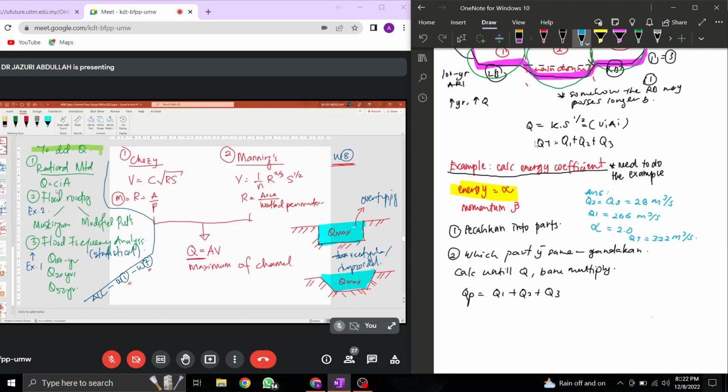Okay, so daripada land use type, contohnya from forest land use type, dia akan dapat C value about 0.3, 0.4. So jadi maksudnya di situ dia boleh absorb air sebanyak 70-60%. Okay, maksudnya 0.3, 0.4 saja ya, maksudnya 30%, 40% akan menjadi runoff, akan masuk ke dalam sungai.